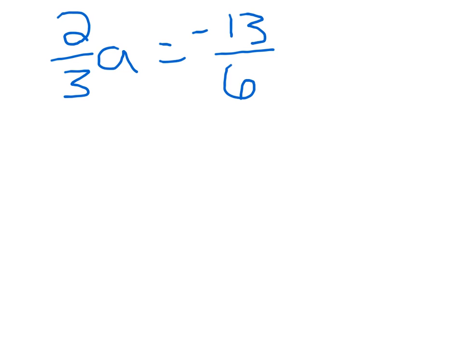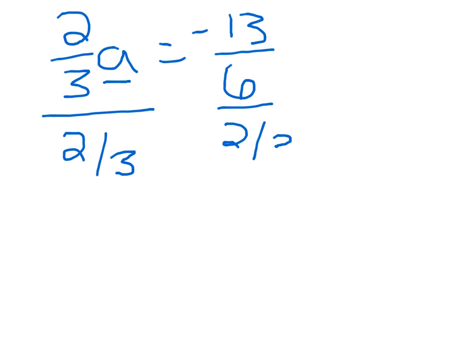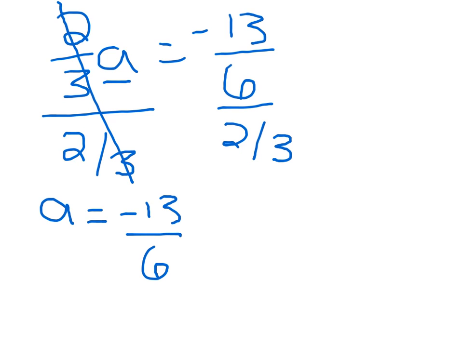then gives us negative 13 sixths. Now that we found 2/3 A is equal to negative 13 sixths, our next step to isolate our variable A will be to divide both sides by 2/3. Whatever we do to the left, we have to do to the right. Our 2/3 on the left will divide to 1, and we will be left with A equals negative 13 sixths. And remember, when we're dividing by a fraction, we can also multiply by its reciprocal.